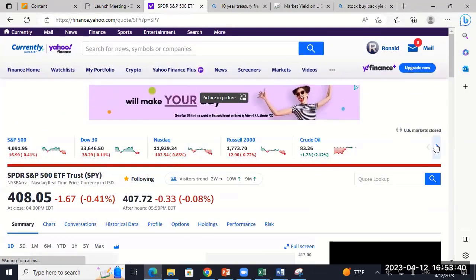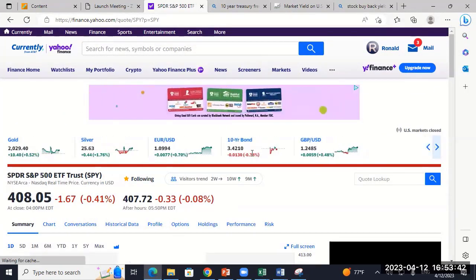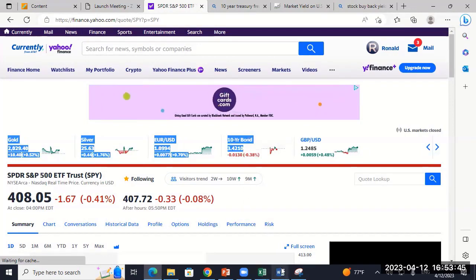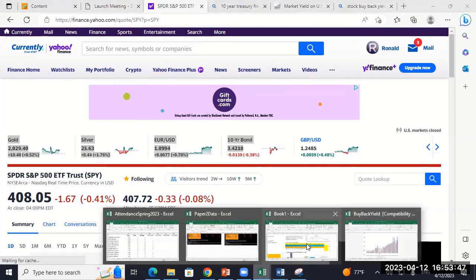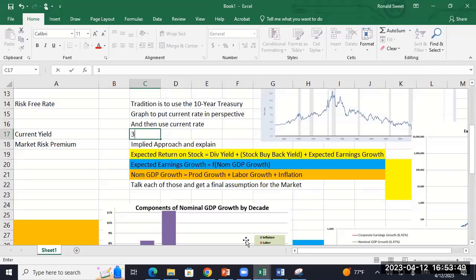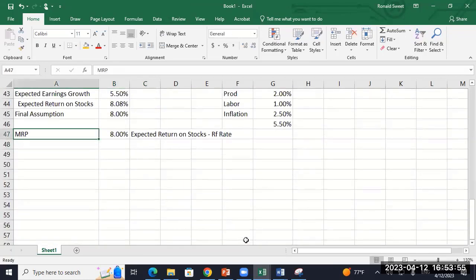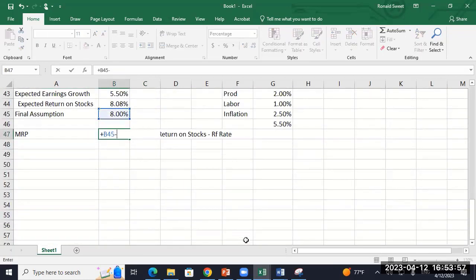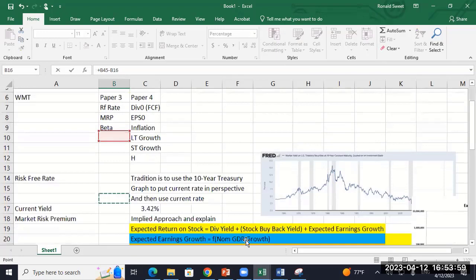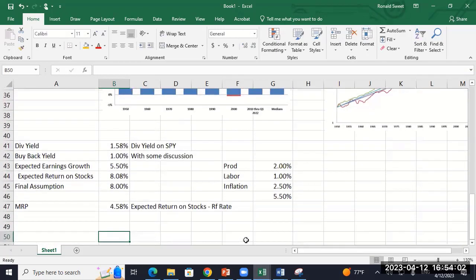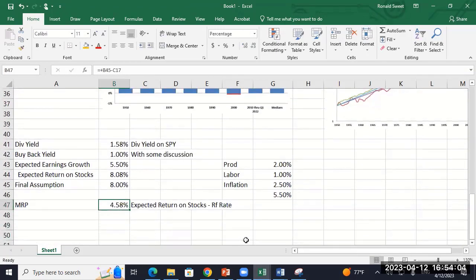So you go to Yahoo Finance and just find the 10-year treasury. There it is, 3.42. So 8% minus 3.42 gives me 4.58. It's going to be probably in the 4 to 6% range.